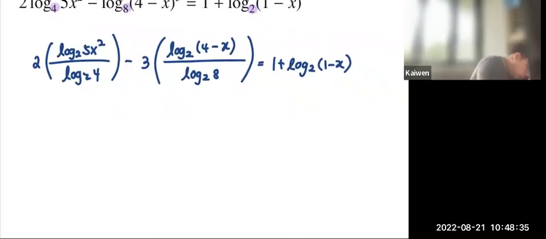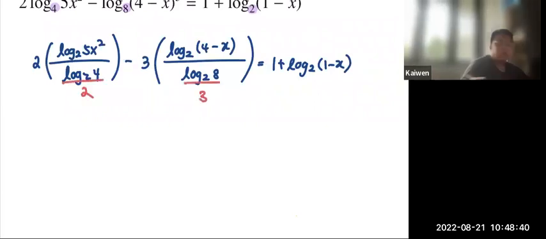Notice that this here is 2, this is 3. Not division, those lines are just telling you what they are. So log base 2 of 4 is 2, log base 2 of 8 is 3, and voila, cancel.